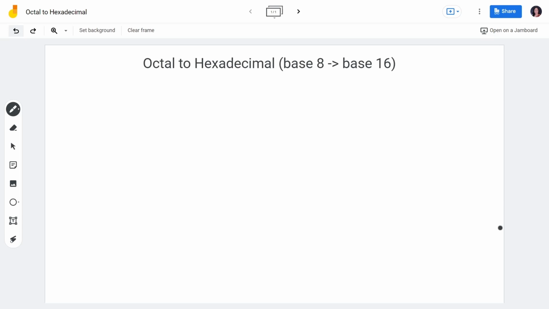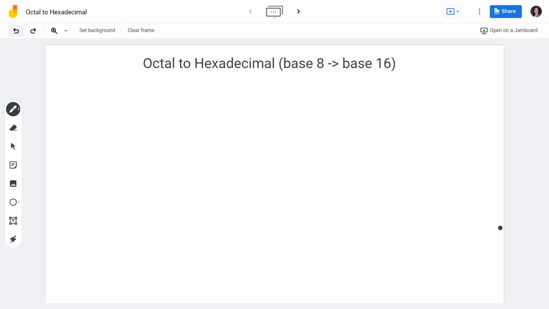A is equal to 10, B is 11, C is 12, D is 13, E is 14, and F is 15. You have to remember that to make sure that you get the correct values for the letters A to F in the hexadecimal number system.